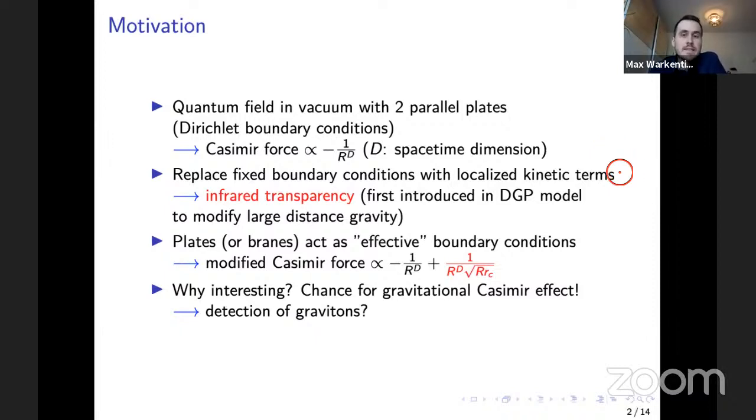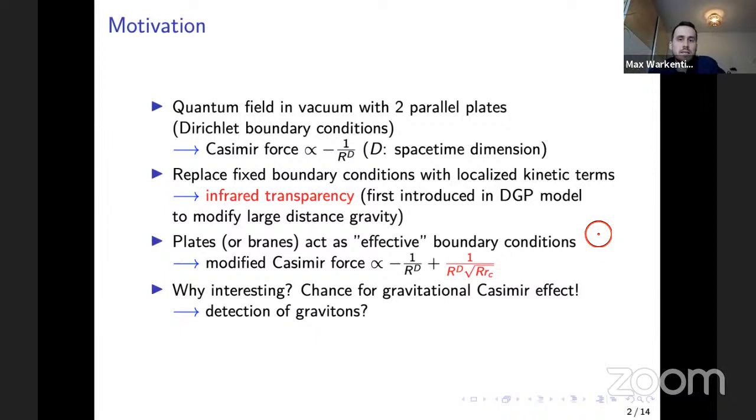But since there's still this DGP behavior, not all modes are fixed at the boundaries, but some of them leak out, and this leads to a deviation of the Casimir force, which is given by this expression here, at least in the leading approximation; there are also higher order terms. Here you see that a new length scale enters, where r_c is basically the coupling of the localized kinetic terms on the plates.